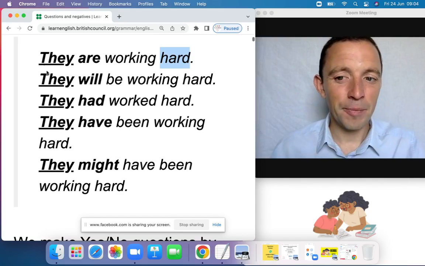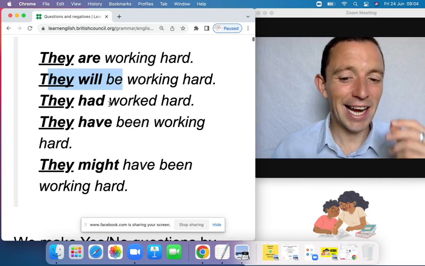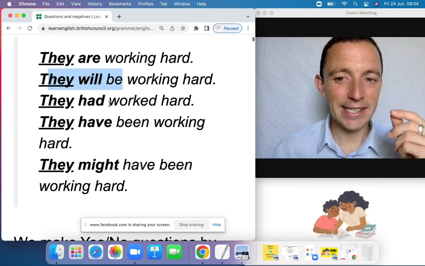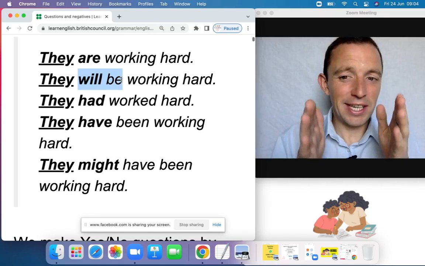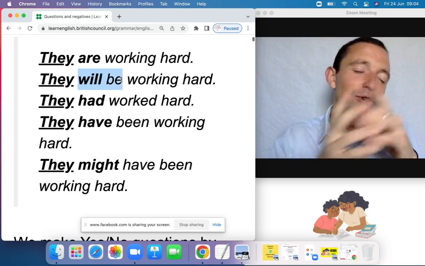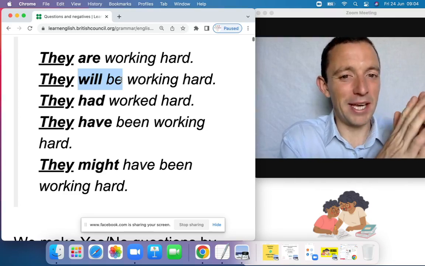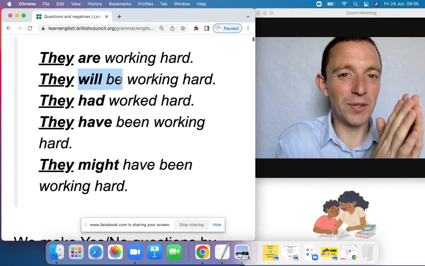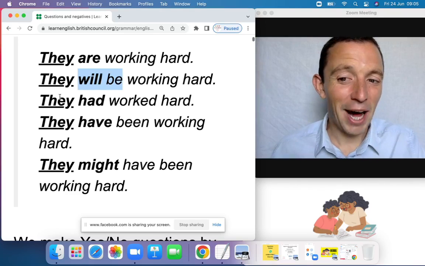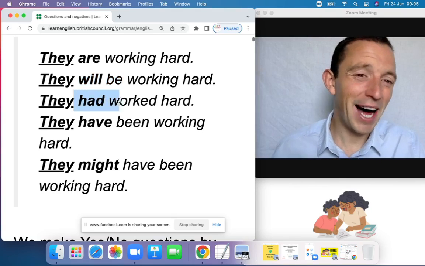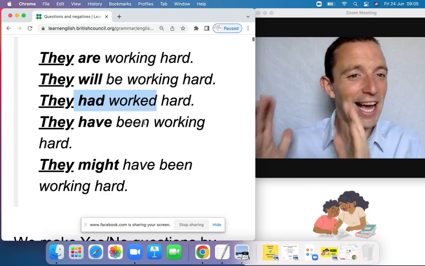Next example, they will be working hard. Exactly the same, except the verb is in the future. So the present continuous, they are working hard. The future continuous, sorry, they will be working hard. In the past, the past perfect, they had worked hard.